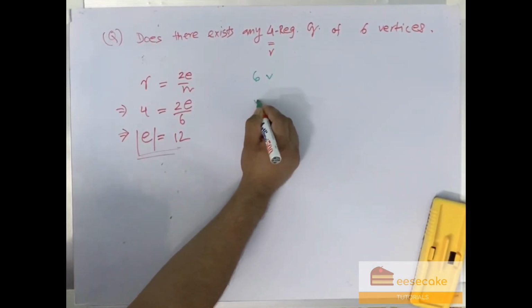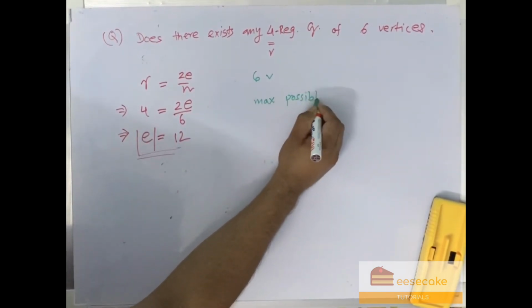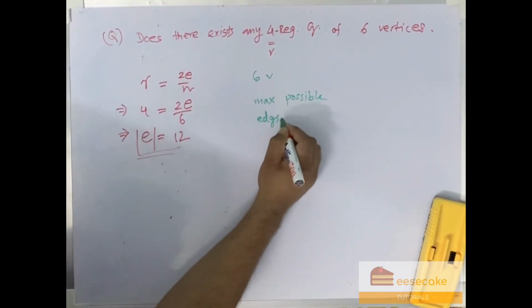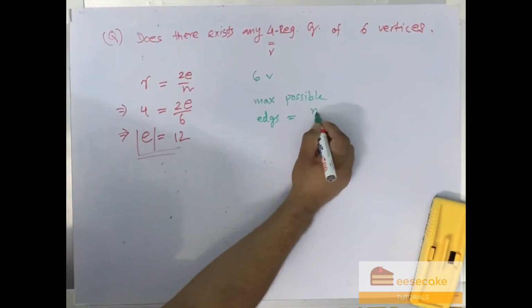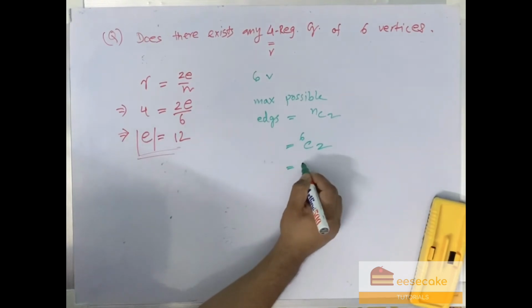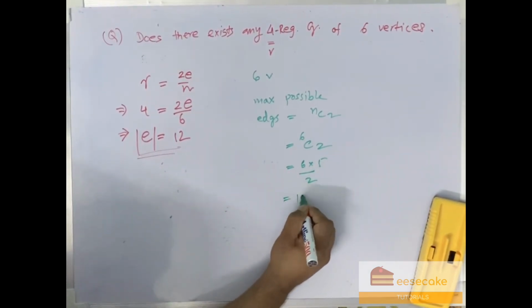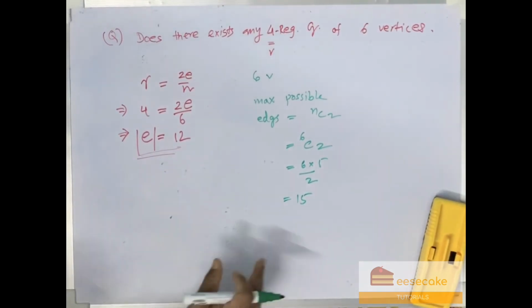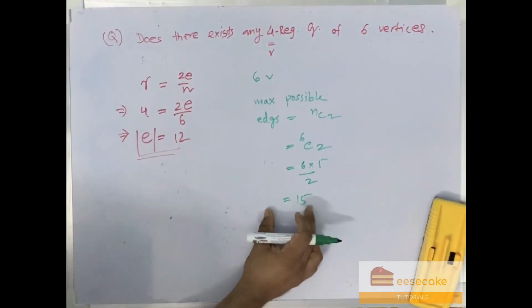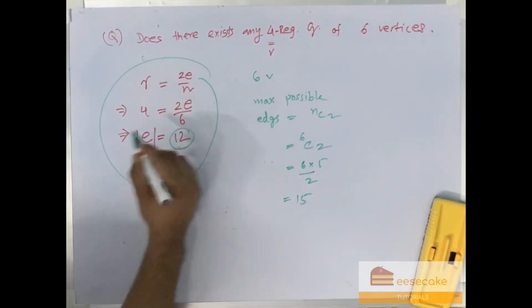The maximum possible edges are, there is a formula, right? nC2, which means 6C2, which is actually, if you count, 6 into 5 divided by 2, which is 15. So this is the maximum possible number of edges we can achieve, and from here we see it's 12.